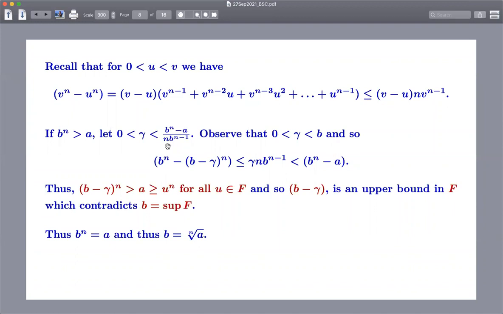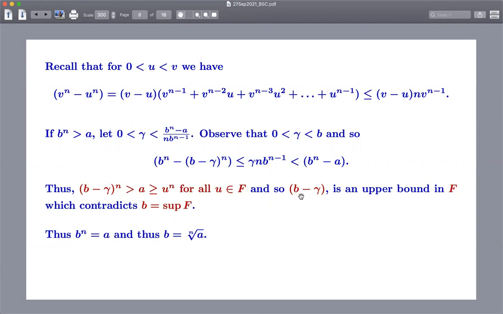So it is essentially the same as the last one, except that there we had to get plus 1, minus, etc. Here that is saved, and b^n is common. When we take it out, the negative sign reverses the inequality. So we will get (b minus gamma)^n is bigger than a. So b minus gamma is itself an upper bound. That means b is not the least upper bound.